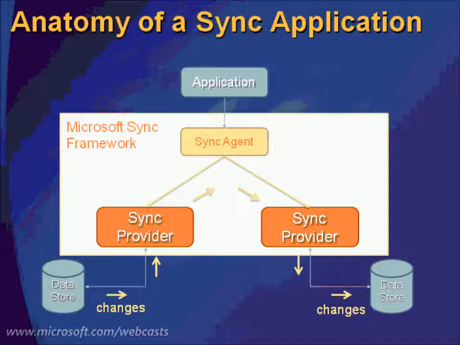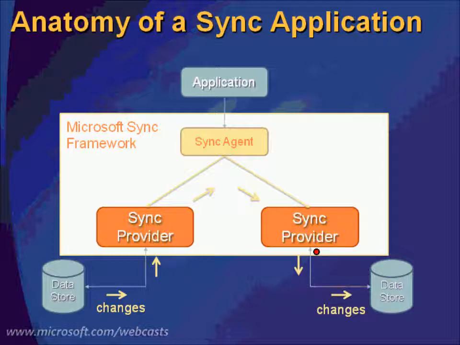Then the store enumerates its changes based on this kind of clock vector that we see here. The first thing we do is take the metadata for these changes. Let's say the changes happened on this left endpoint via the sync provider here. The metadata for these changes goes over to the second sync provider.